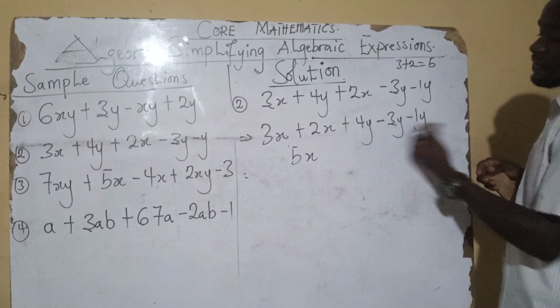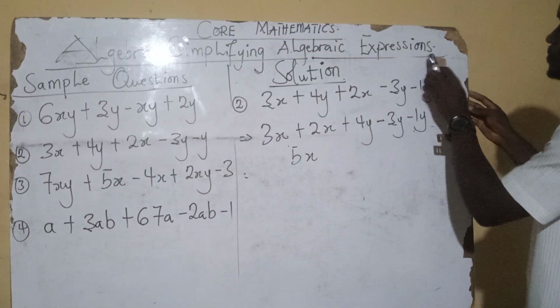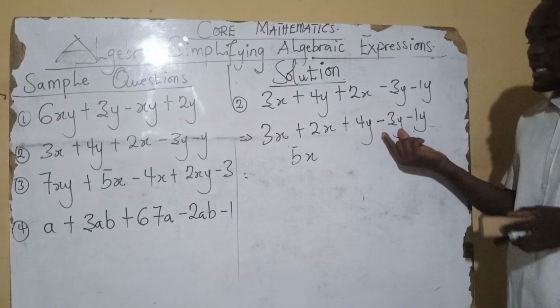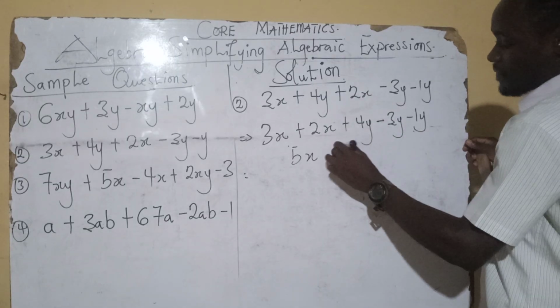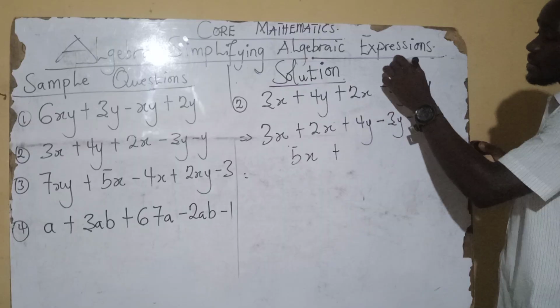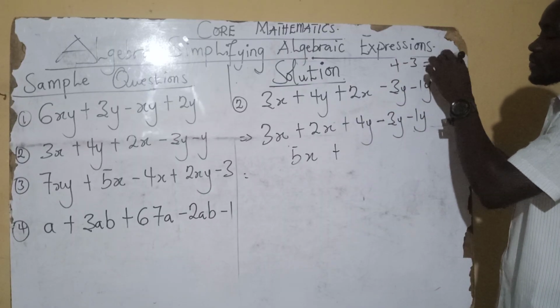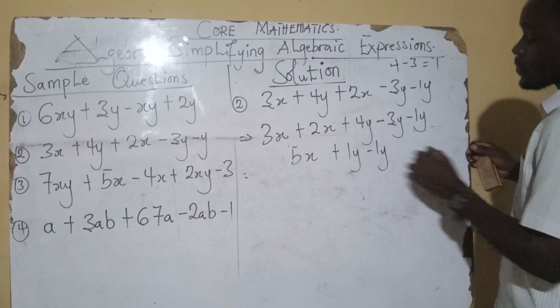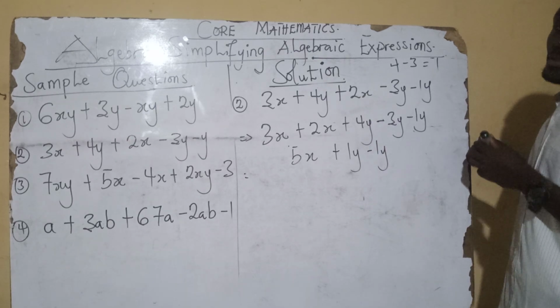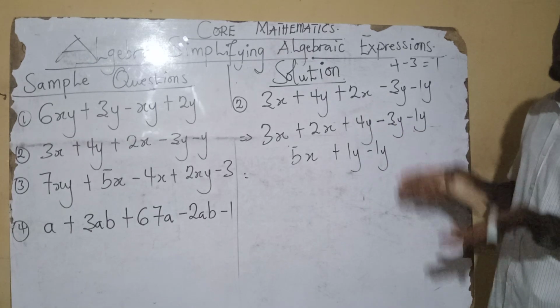Then after we dive here, you can decide to do it once, or you can do it one after the other. Very good. So here we have plus. When we subtract 4 minus 3, we are going to get what? 1. So here becomes 1y minus 1y. We solve this one first, or you can decide to do it once.